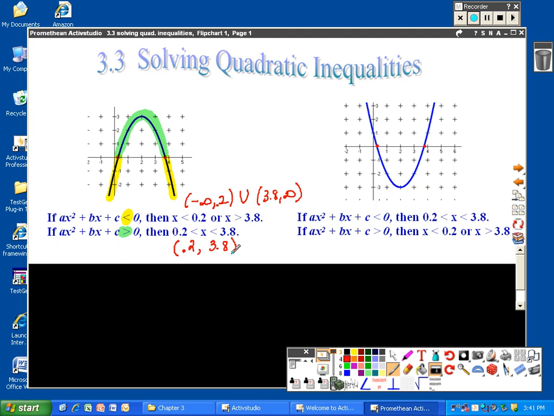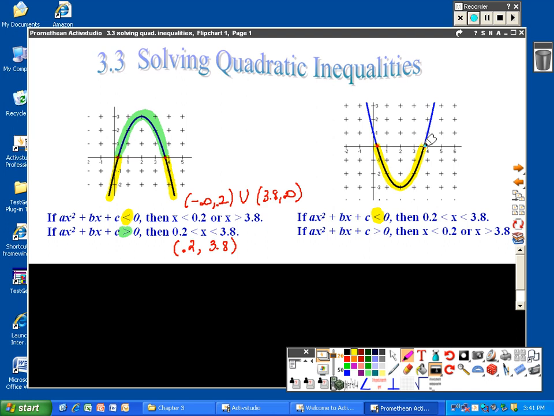But what if we had a graph that opened upward and we used the same expressions? So in this case, it is asking the same questions. Where is the function less than 0? This time, less than 0, below y equals 0, happens down here.